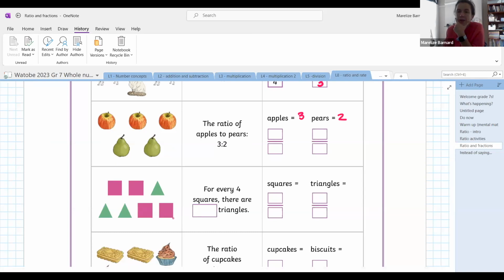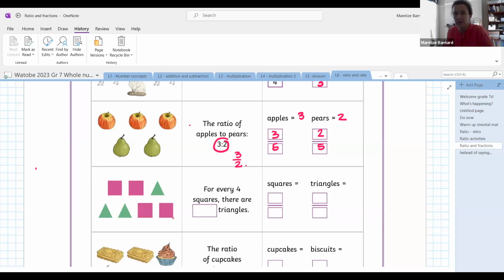Yeah, so the ratio of apples to pears is 3 to 2. So we can write the fraction as 3 over 2. You can also say that of the 5 fruits that are there, 3 out of 5 are apples and 2 of the 5 are pears. But the ratio of apples to pears is 3 over 2.